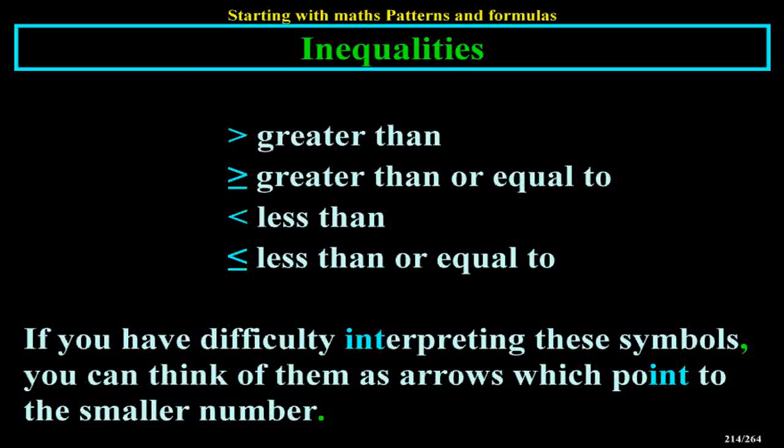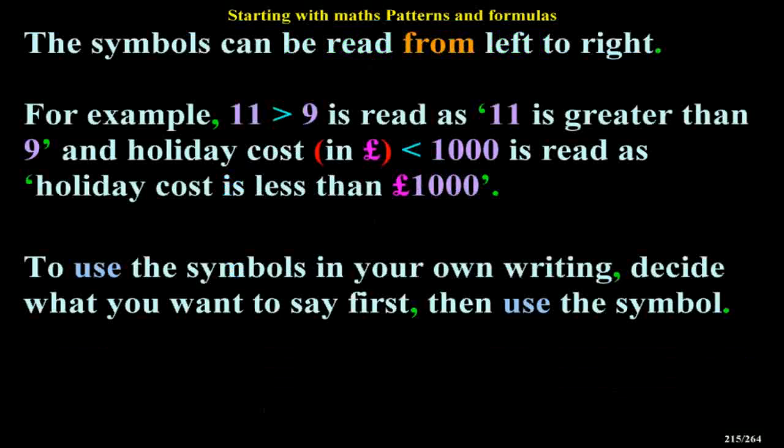If you have difficulty interpreting these symbols, you can think of them as arrows which point to the smaller number. The symbols can be read from left to right. For example, 11 > 9 is read as 11 is greater than 9, and holiday cost < 1000 is read as holiday cost is less than 1000. To use the symbols in your own writing, decide what you want to say first, then use the symbol.